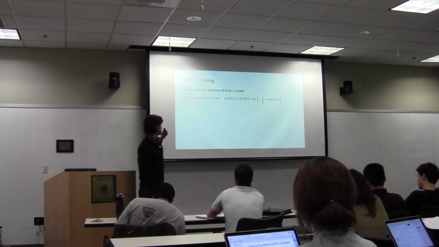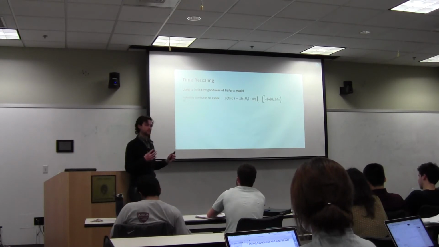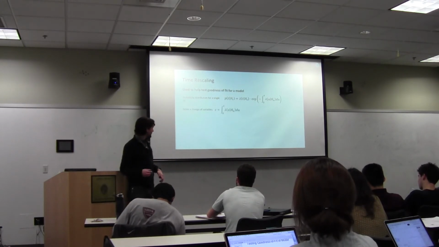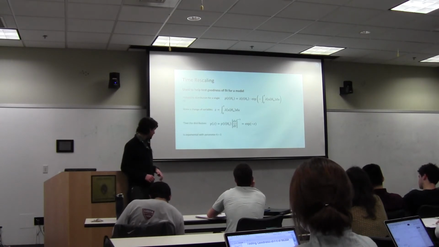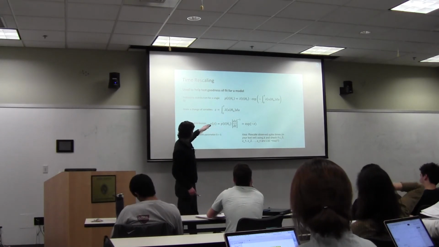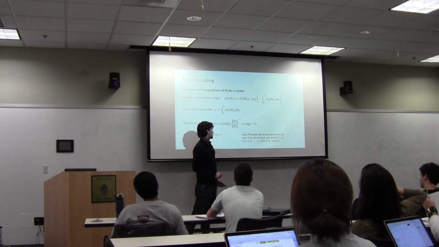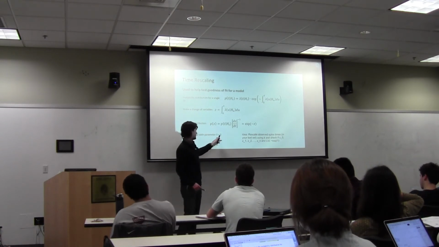So if you remember, you can write the probability for seeing a single spike in a particular time bin. And the idea is, you make a change of variables, because if you make this change in variable, your probability then becomes an exponential distribution of rate 1.